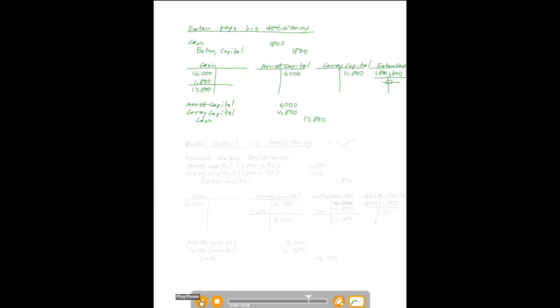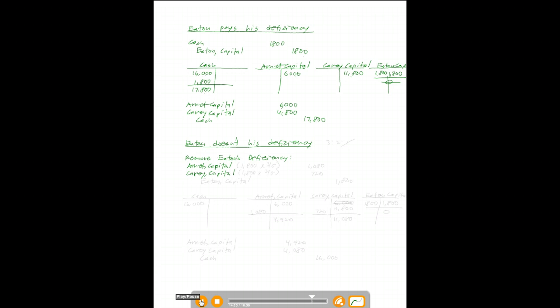Okay, let's say that the second scenario occurs and Eaton does not pay his deficiency. So what we will have to do is we've got to remove the deficiency from Eaton's capital, and Arnett and Carrie are going to split the $1,800 according to their ratio.